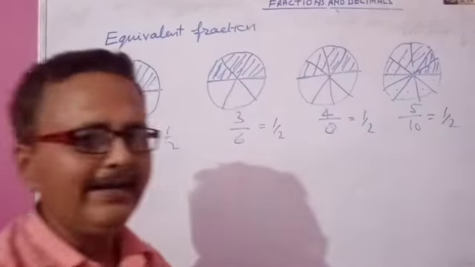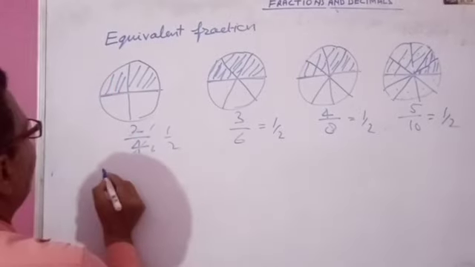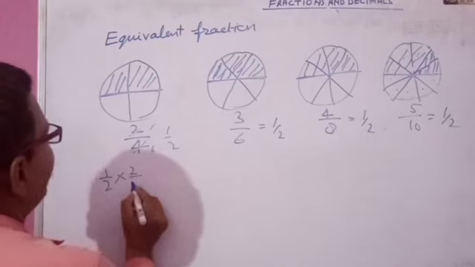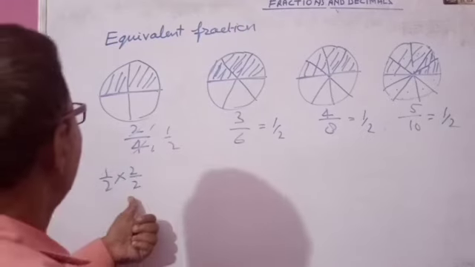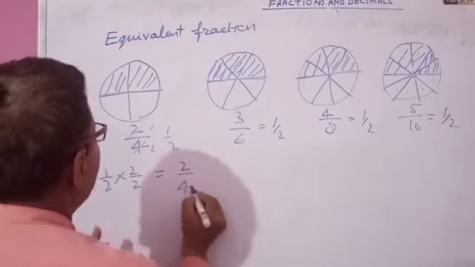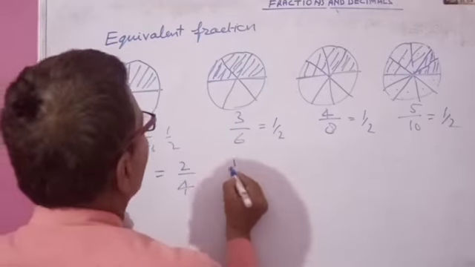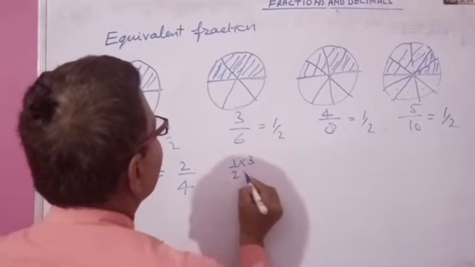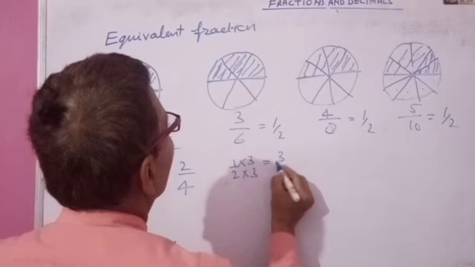And how can we find an equivalent fraction? We can find an equivalent fraction by multiplying the numerator and denominator by the same number. You can see 2 upon 4. If you multiply 1 upon 2 by 3, you will get 3 upon 6.